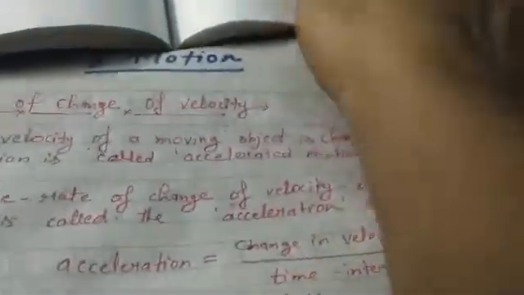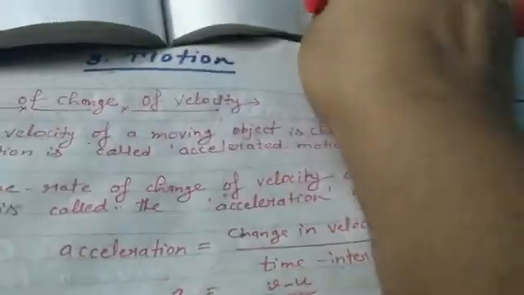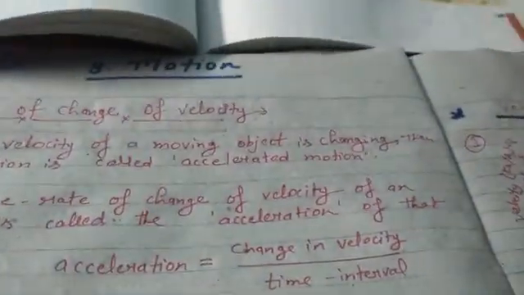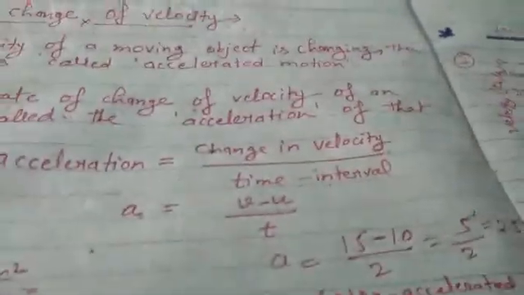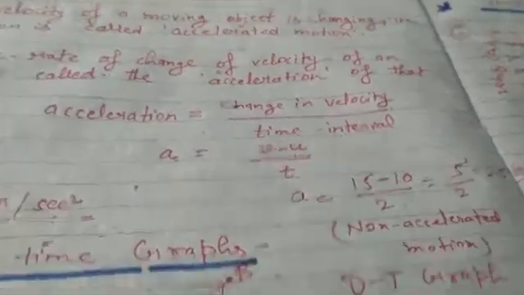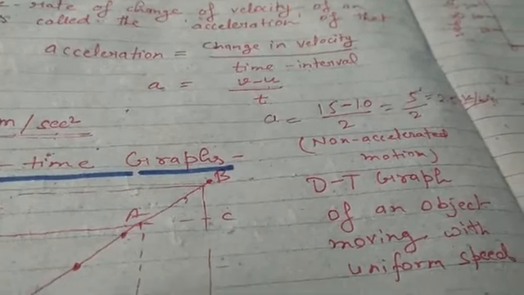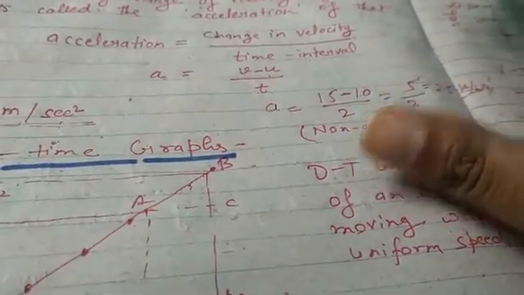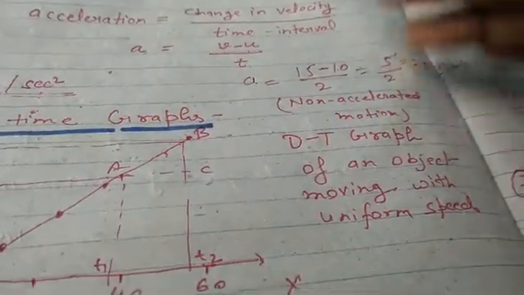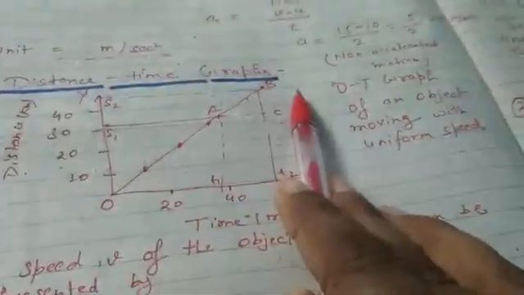Now come to the very important point, that is graph representation of motion. Now why do we use graphs? To describe the motion of an object we can use line graphs. In this case, a line graph shows dependence of one physical quantity, such as distance and velocity, on the other quantity, that is time. Now just see the distance time graph.